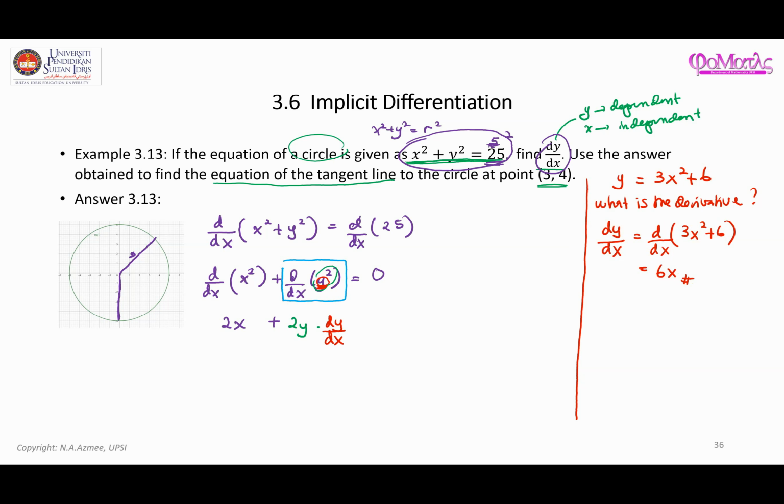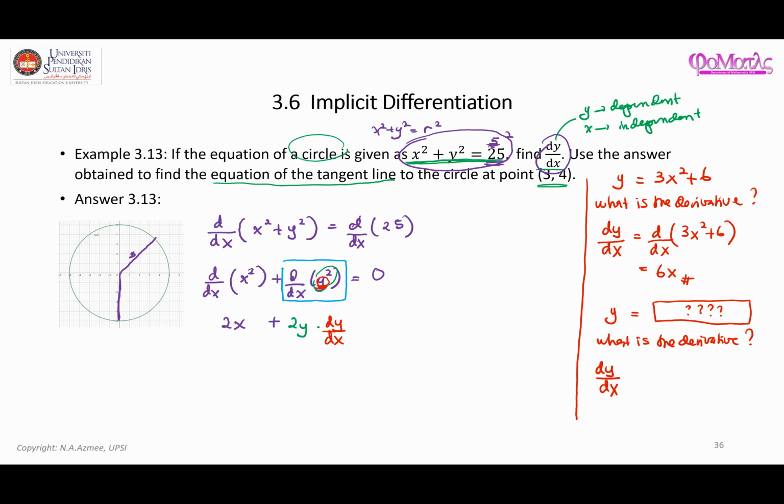Now let's assume that you have a function y equal to something that you don't know. You don't know for sure what y is. So what is the derivative of this function? Using the same manner, you can say that the derivative of this function is going to be equal to dy dx. Is there anything else that you can do?